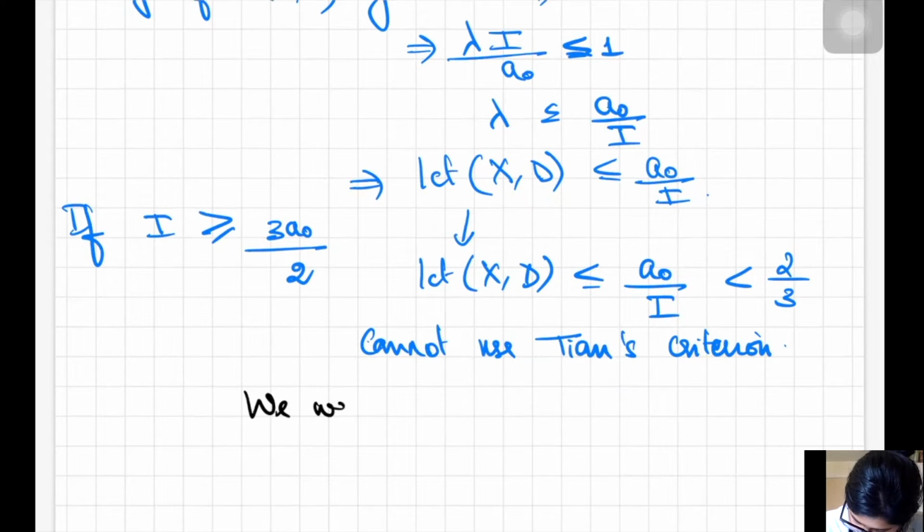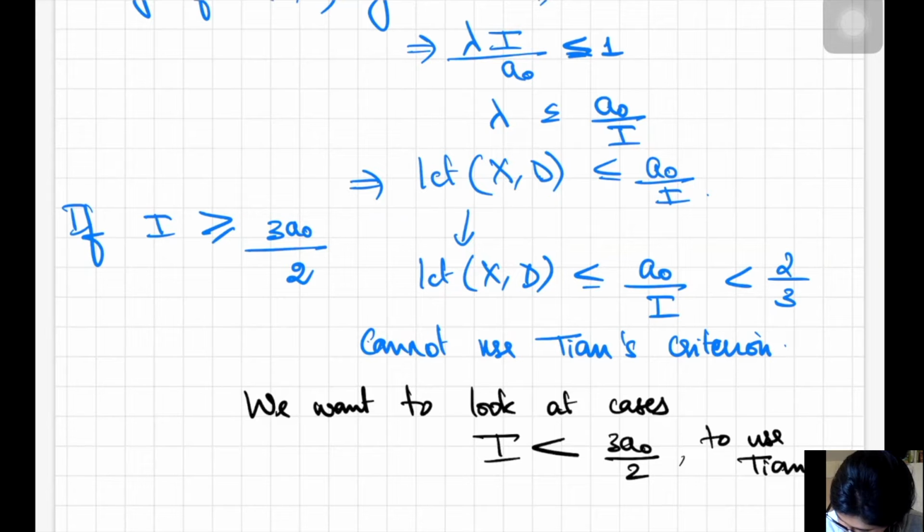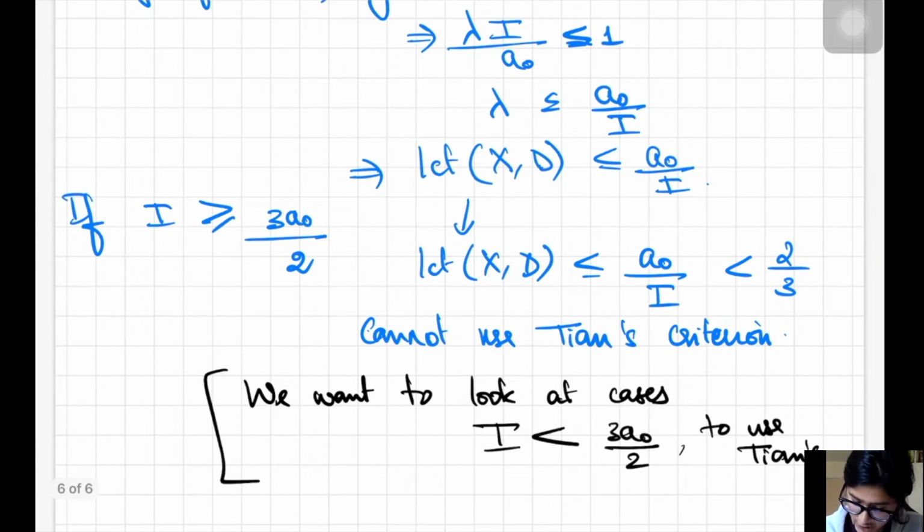So we want to look at cases where I is less than 3a0 over 2 to use Tian's, because otherwise you cannot. If your index is already greater than or equal to 3a0 over 2, you need to use some other means to figure out if it has a Kahler-Einstein metric at all.